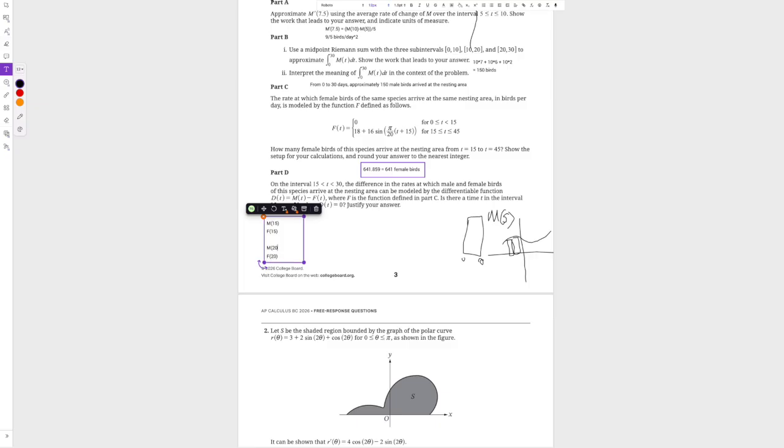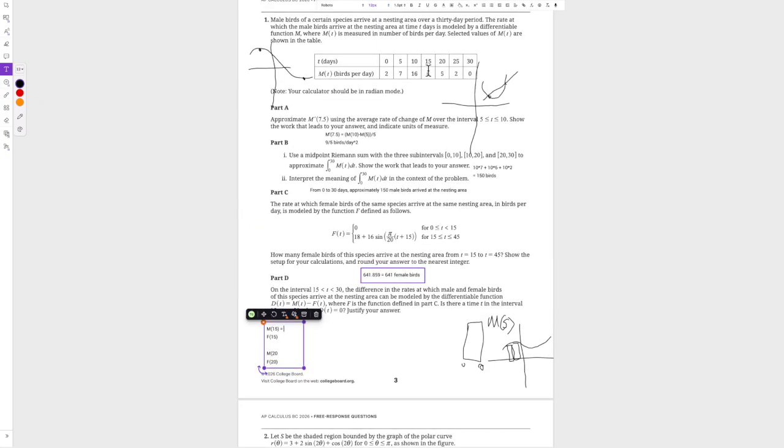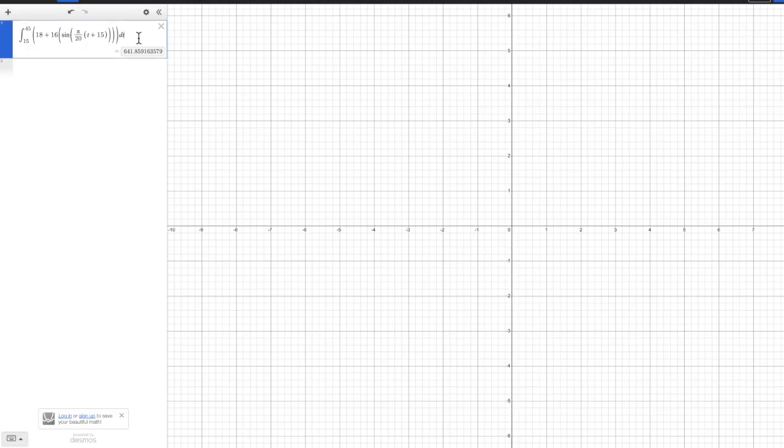The values for m are much easier to find because they're right here. So m of 15 is 6, and m of 20 is 5. Now in order to find f of 15 and f of 20, we just use our calculator.